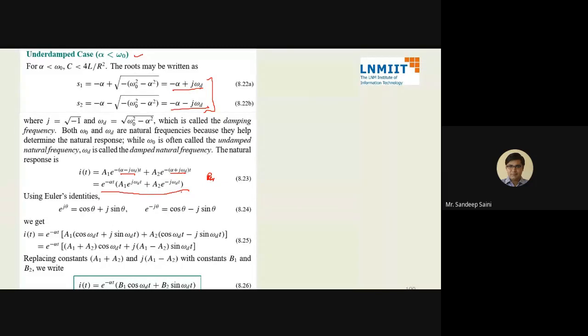E raised to power j theta can be written as cos theta plus j sin theta, and e raised to power minus j theta is cos theta minus j sin theta. Here it is e raised to power j omega d t and e raised to power minus j omega d t. I will write them in terms of sine and cosine, keep on solving, and finally we get this.